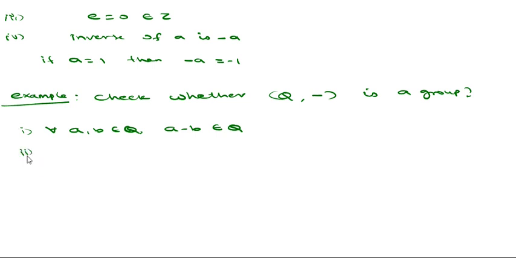And the second one, the associative property. For every a, b, c in Q, the condition to be satisfied here is, instead of star, we have to include subtraction, that is, replace star by minus. a minus b minus c should be equal to a minus b minus c.